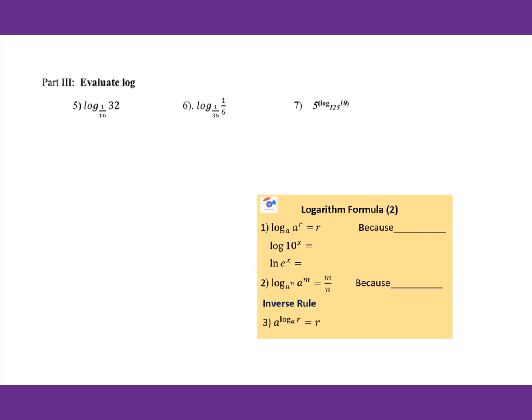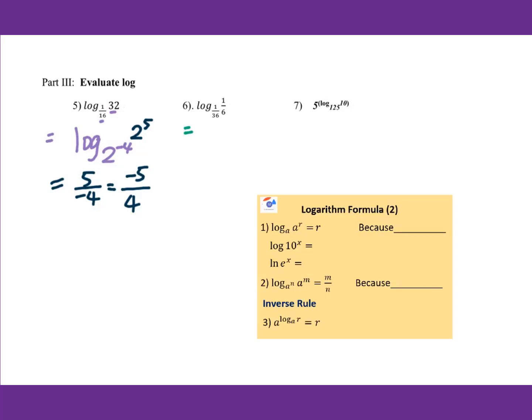For 1 over 16 and 32, we know we can make an exponential form. The common base is 2. So we got the log base 2 to the negative 4th power. 32, that means 2 to the 5th power. Therefore, we get 5 over negative 4 equals negative 5 over 4.